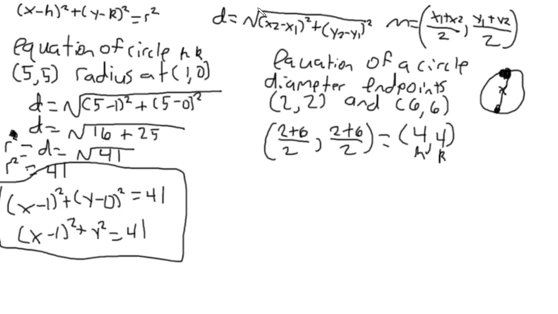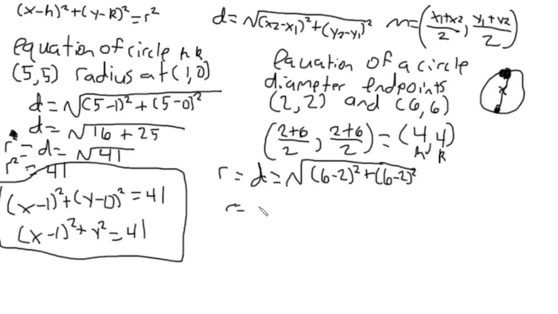Now the only thing I need to find is my r squared. So we need to take this point and either one of these, and figure out the distance between them. So the distance, and this will also be my r, is the square root of, and it doesn't matter which order we do it in, (6 − 2)² + (6 − 2)².